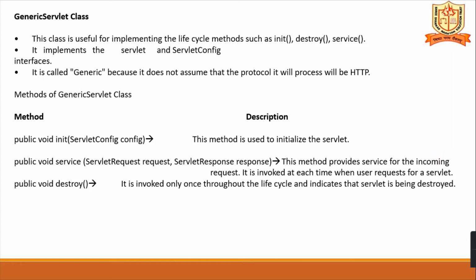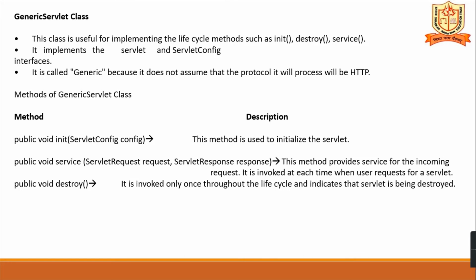But HttpServlet only accepts HTTP requests. So the methods in GenericServlet are public void init with ServletConfig, which is used to initialize the servlet. And the service method has two parameters, the ServletRequest request object and ServletResponse response object. This method provides the service for incoming requests. It is invoked each time the user requests this servlet.